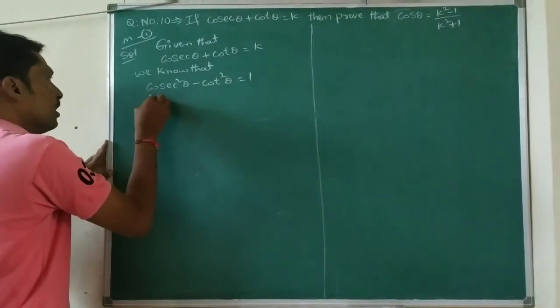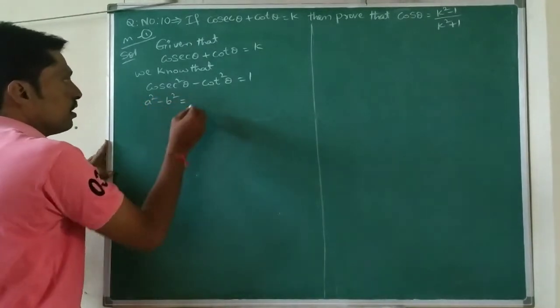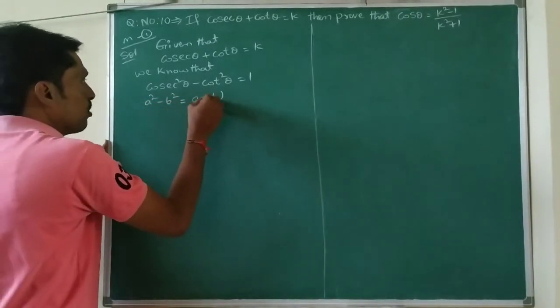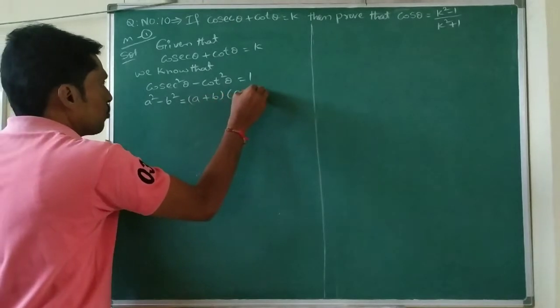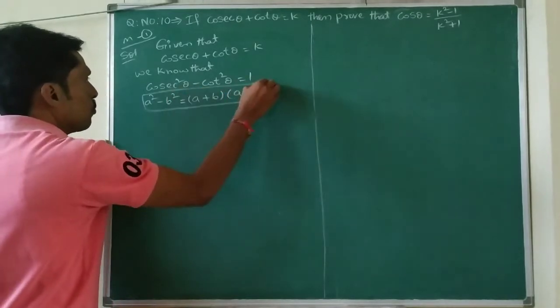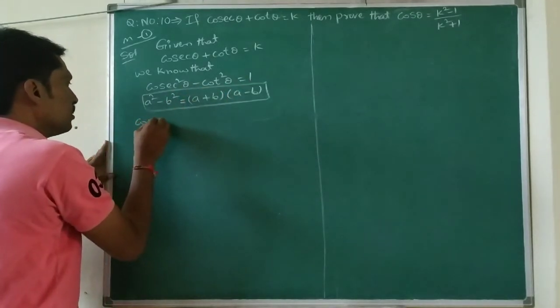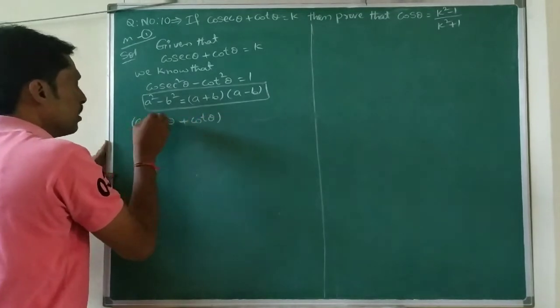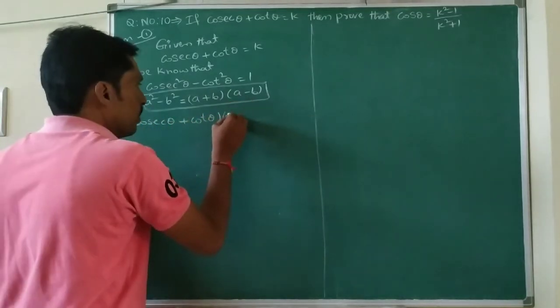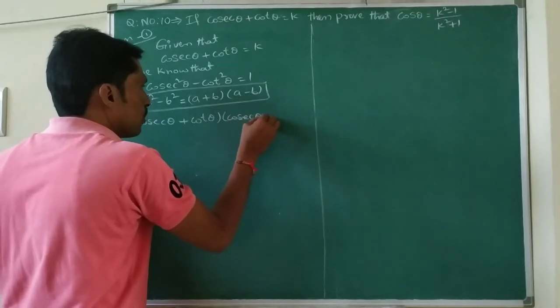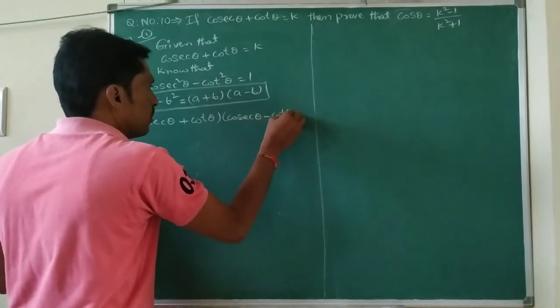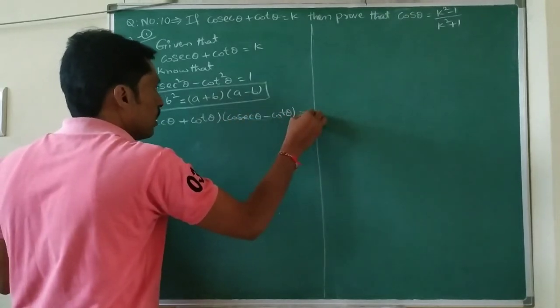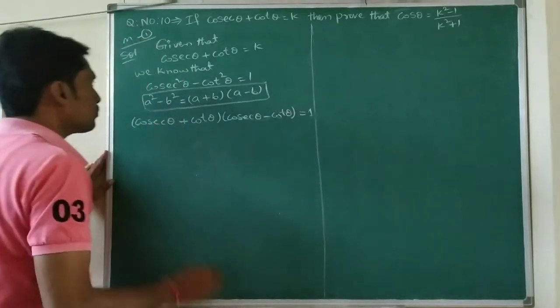So we need to write it as a plus b into a minus b. So cosec theta plus cot theta, this is a plus b, into a minus b, means cosec theta minus cot theta, equals the RHS 1.